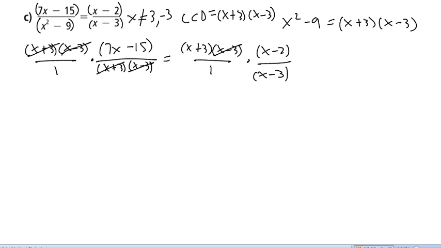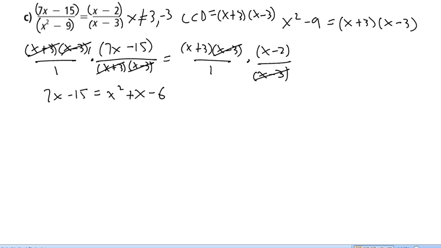And on the right, x minus 3 over x minus 3 will equal 1 because x can't be 3. So notice over here on the left, nice and easy, we've just got 7x minus 15. And on the right, we're going to have to expand that, double rainbow it. And that will give us x squared plus x minus 6.